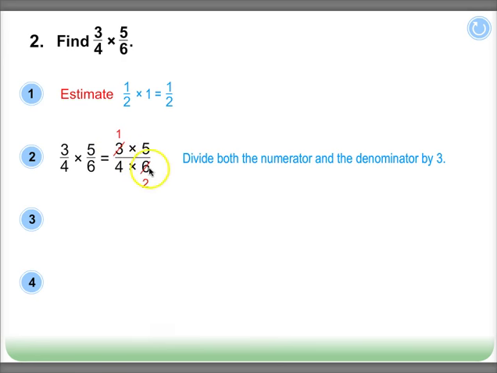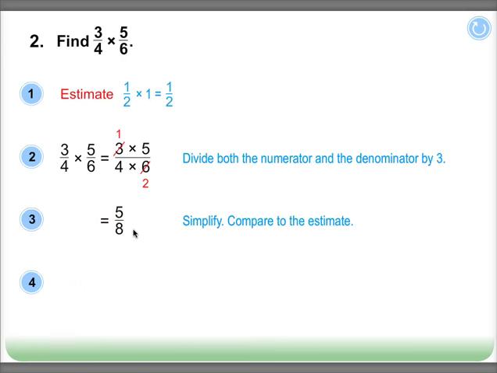This is called cross simplifying because we're simplifying numbers that are kitty corner to each other. Because 3 can go into 6, before we even do the multiplication, we can simplify it. We can take 1, because 3 goes into 3 one time, and 3 goes into 6 2 times. So now we have 1 times 5 and 4 times 2, which equals 5/8.